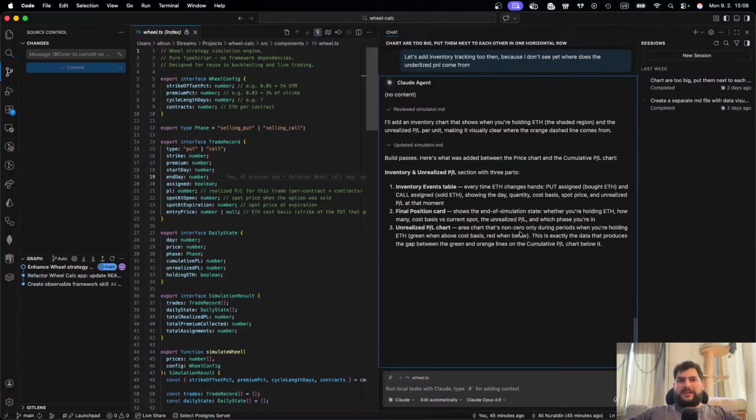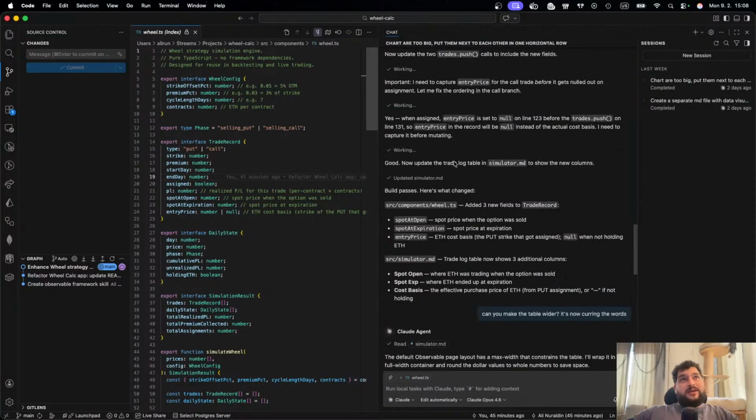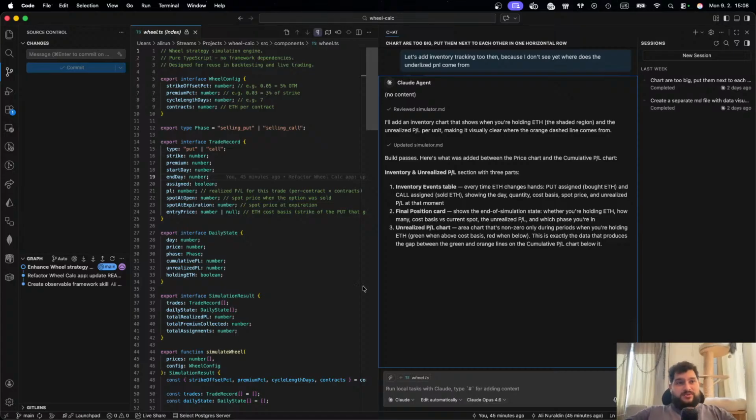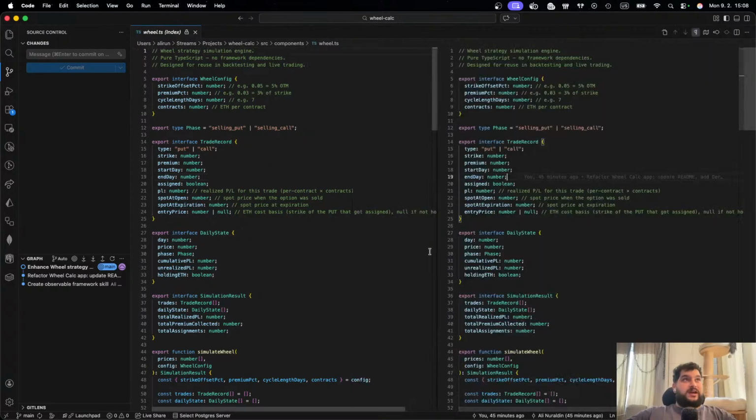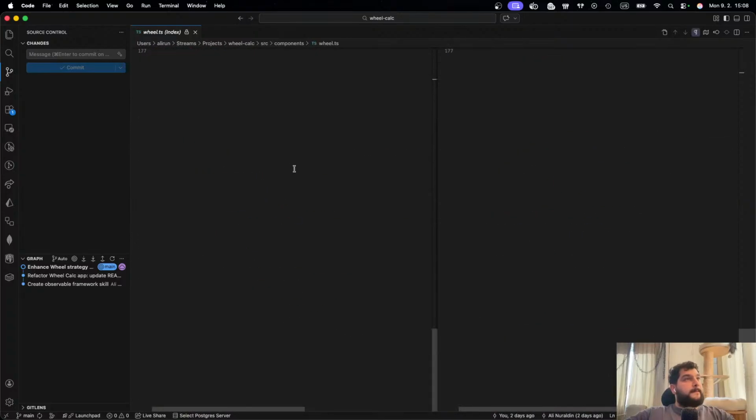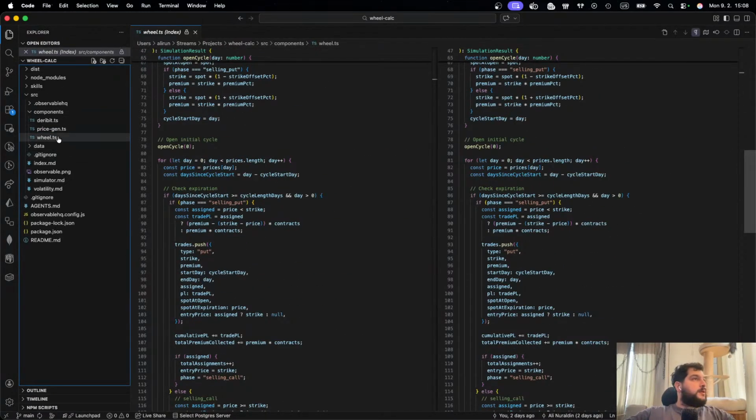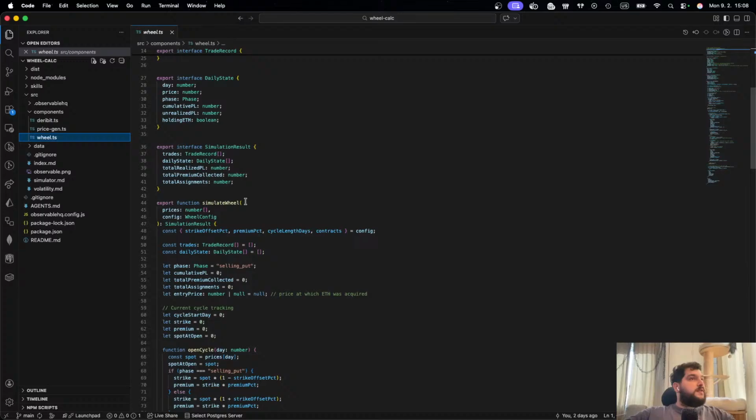So I don't know if I like this approach, because here we have a poorer UI. We can just directly use Claude this time. We'll check it out.